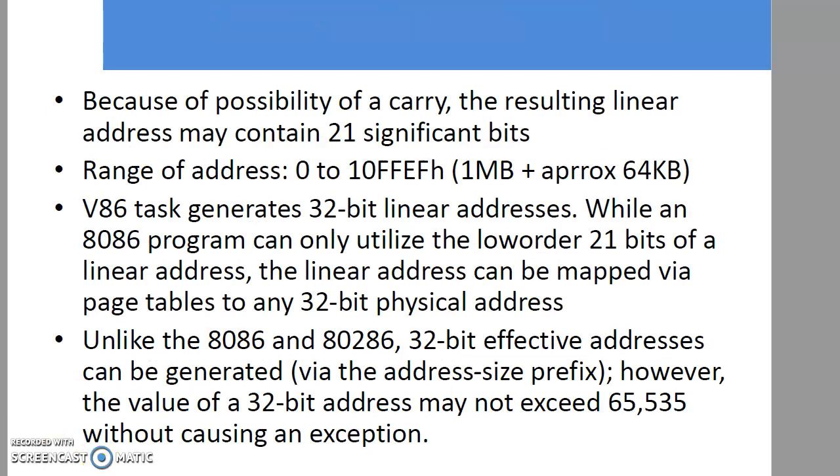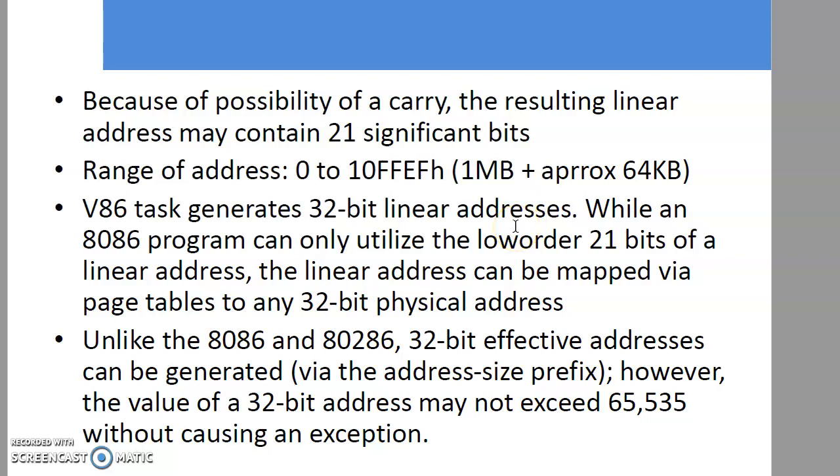Because of the possibility of a carry, the resulting linear address may contain 21 significant bits. So the range of addresses will be from 0 to 10FFEFH, that is 1 MB plus approximately 64 kilobytes, because of the carry generated when adding the base address and the offset.